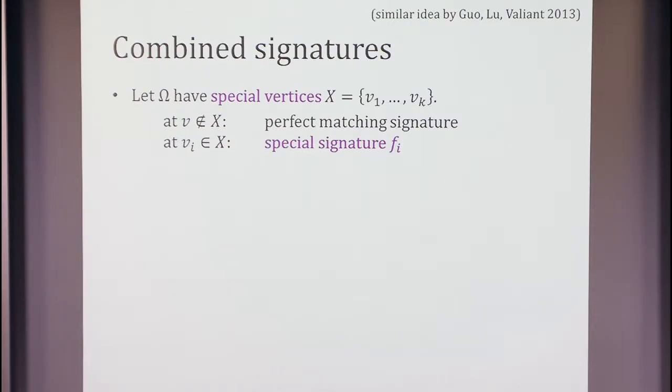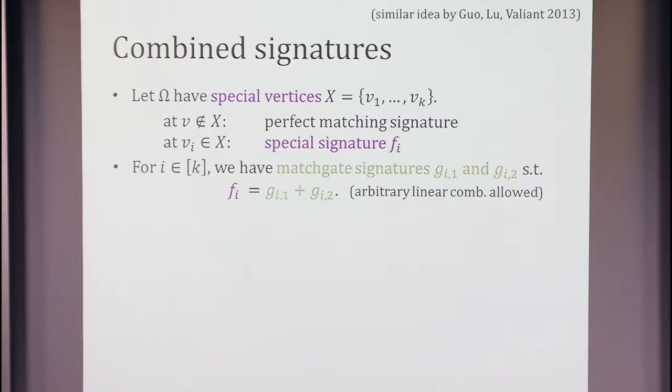And at vertex vi in the set of special vertices, we have some special signature fi. Let's furthermore assume that for each i, there are two matchgate signatures, gi1 and gi2, such that you can express fi as a linear combination of these two matchgate signatures. Here this linear combination is to be understood pointwise, so this holds at every edge assignment.